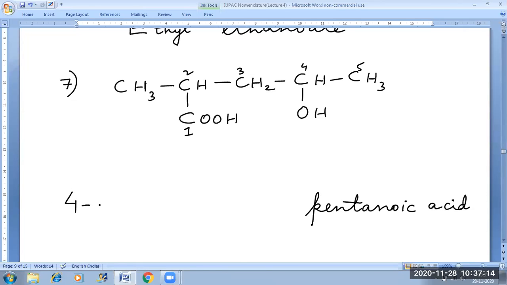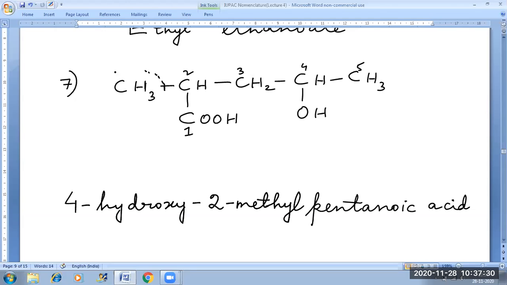So 4 hydroxy, 2 methyl. Even this is there, right, as a substituent. So at the second carbon I have methyl. So 4-hydroxy-2-methylpentanoic acid. So this is the correct IUPAC name of the 7th compound.